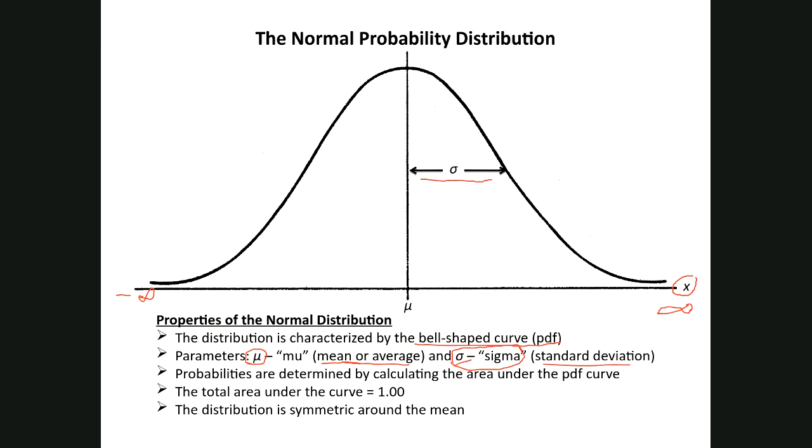And so that perfectly describes the distribution function of this random variable in that bell-shaped curve. All right. Additionally, the way that we calculate probabilities is as follows.